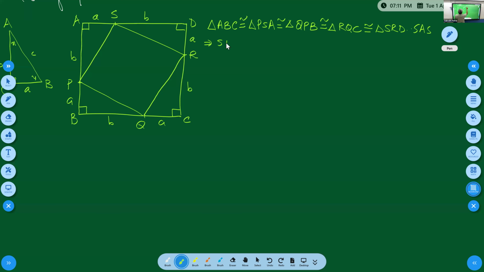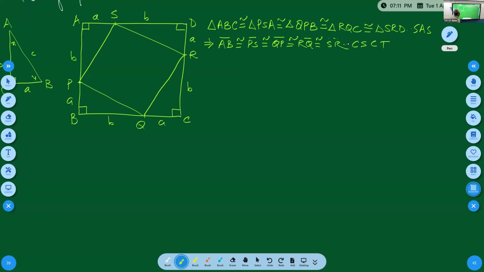AB congruent with PS, congruent with QP, congruent with RQ, congruent with SR, by CSCT.